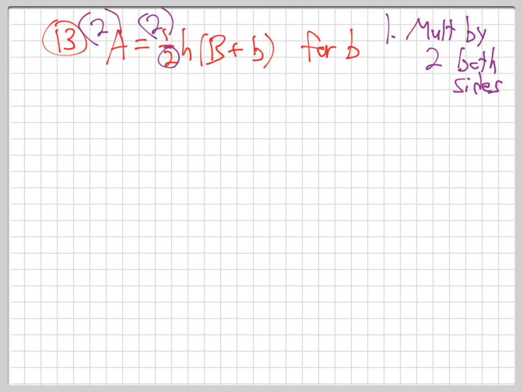You good so far? And then what happens? These guys cancel. So we get 2a is little h times big B plus little b. Good so far? No more fractions? Which is always nicer.